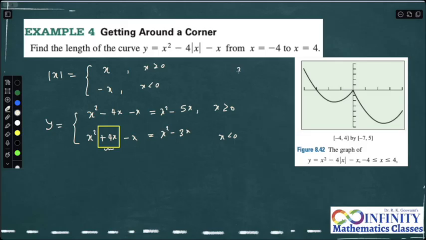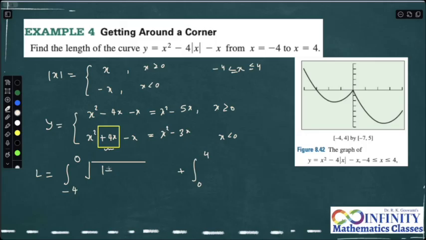I need to go from negative 4 to 4. But because there is an issue at 0, what should my formula be? I should start from negative 4, go up to 0, and then from 0 go up to 4. For each sub case, I need the derivative.